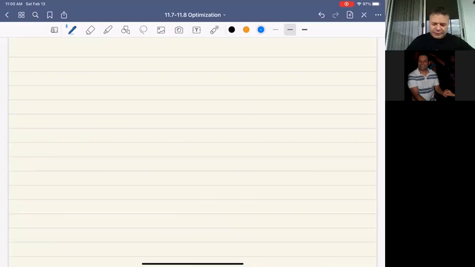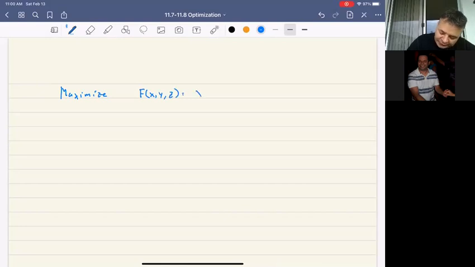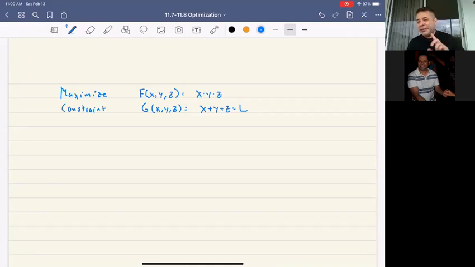So let's optimize, or maximize, f of xyz equals x times y times z with our constraint g of xyz equals x plus y plus z, which we set equal to L. It's going to follow the same sort of pattern with a twist.